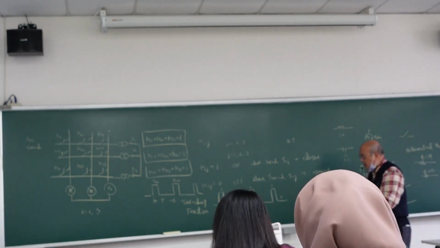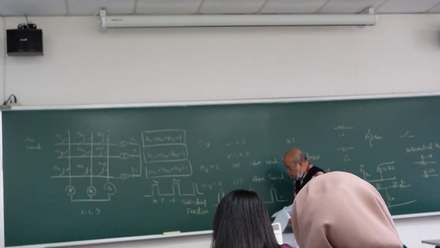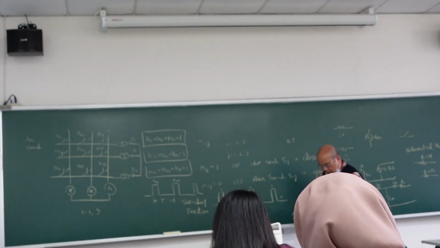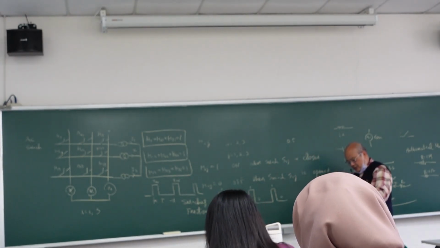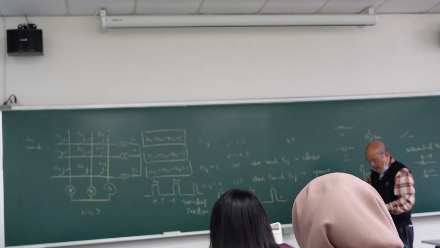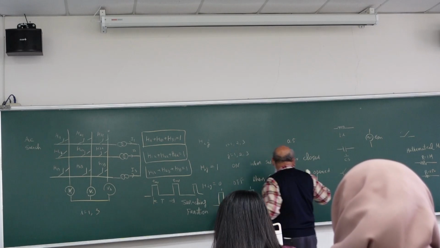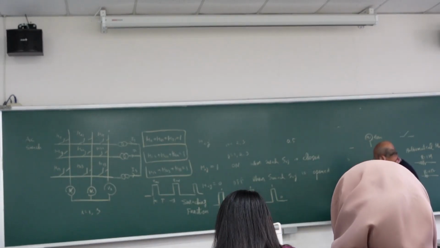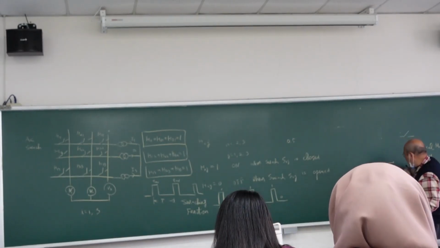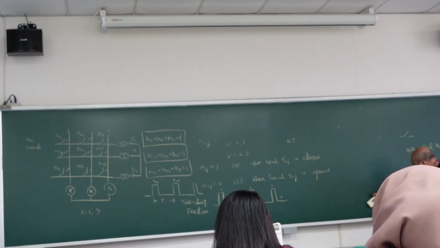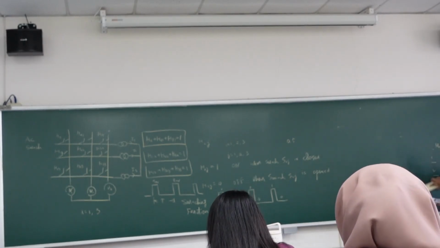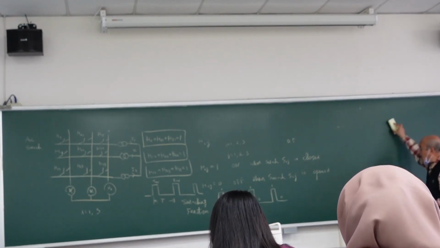And we can also use the waveform to describe the switching function. So how can we describe this behavior? Now we want to describe this behavior, if and only if 1 switch is turned on in each output line.